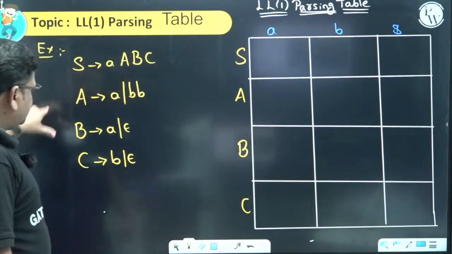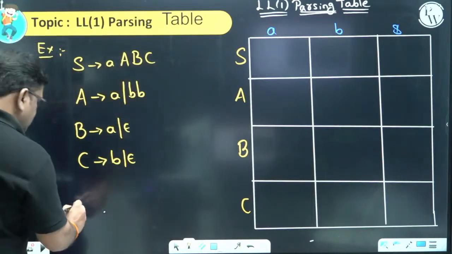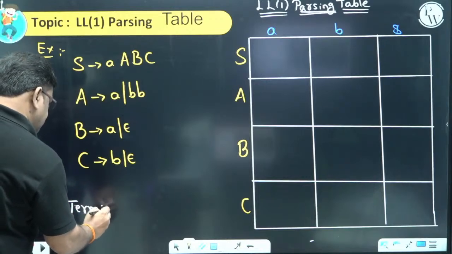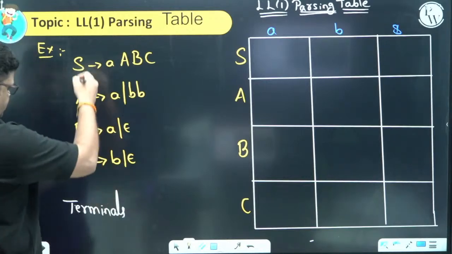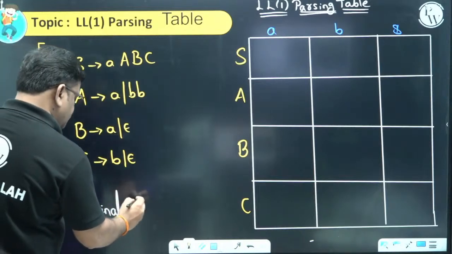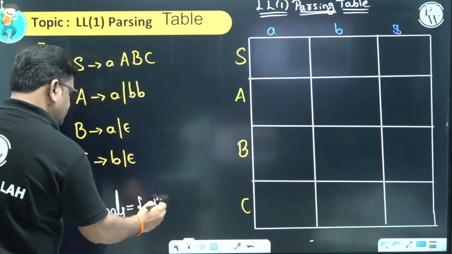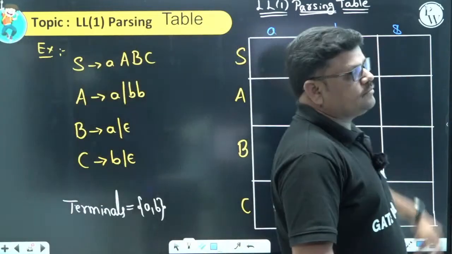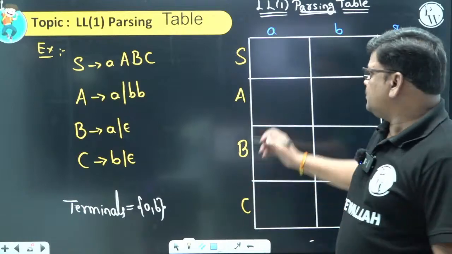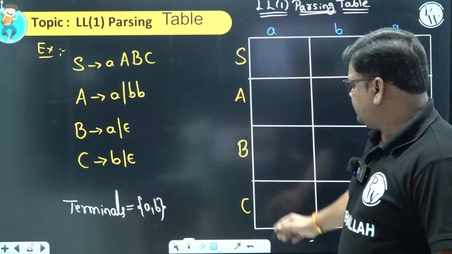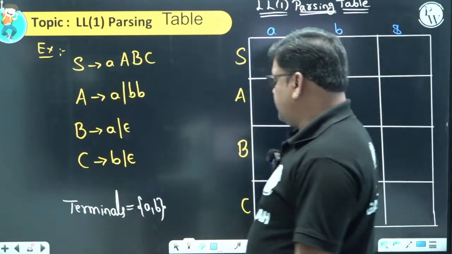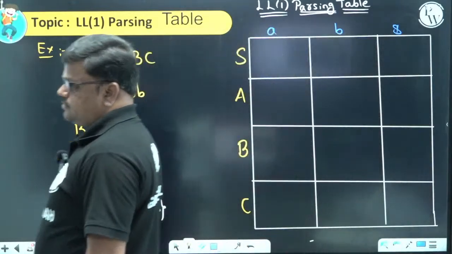What are the terminals of this grammar? Non-terminals are 4: S, A, B, C. Terminals are nothing but a, b, a comma b. So terminals plus dollar as columns. Like this, arrange this in a matrix format. Now let us see how to fill this.